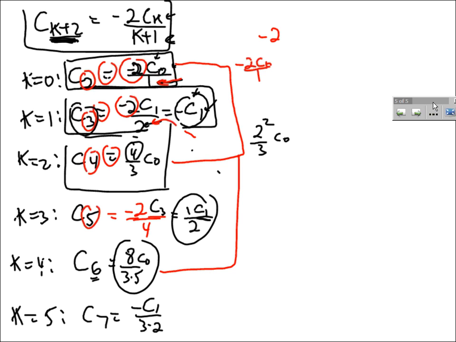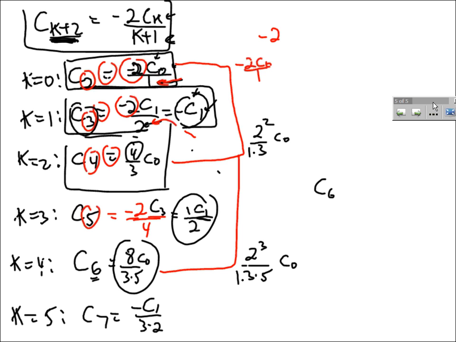And then here you have 2 cubed over 3 times 5 C0. Now, of course, I can always say 1 in front. I'm seeing a pattern for the numerator. And I'm wondering why C sub 6 is not negative.